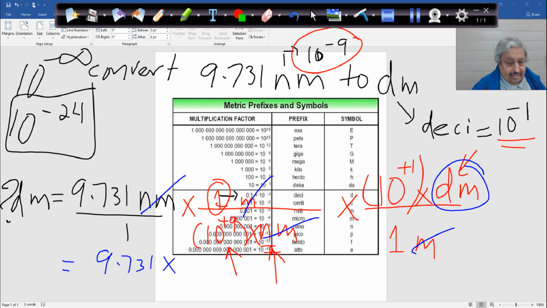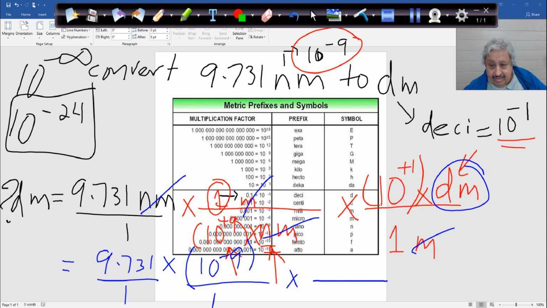So that will be 9.731. I did not touch anything of the sig figs. Those are 4. 1 over, I have, this is the bottom 10 plus 9. I will take it up with the opposite sign, 10 minus 9 over 1. Multiply by 10 plus 1, and the unit is decimeter.